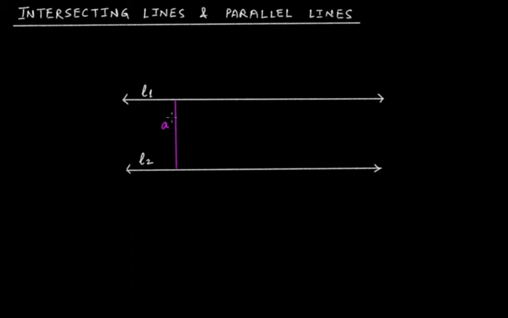The distance between these two lines at this position is A, and if you take it at this position and measure it, it will again come as A. If you measure the distance between these two lines at this position, it will be A again, and if you again measure at this position, this will be A again.